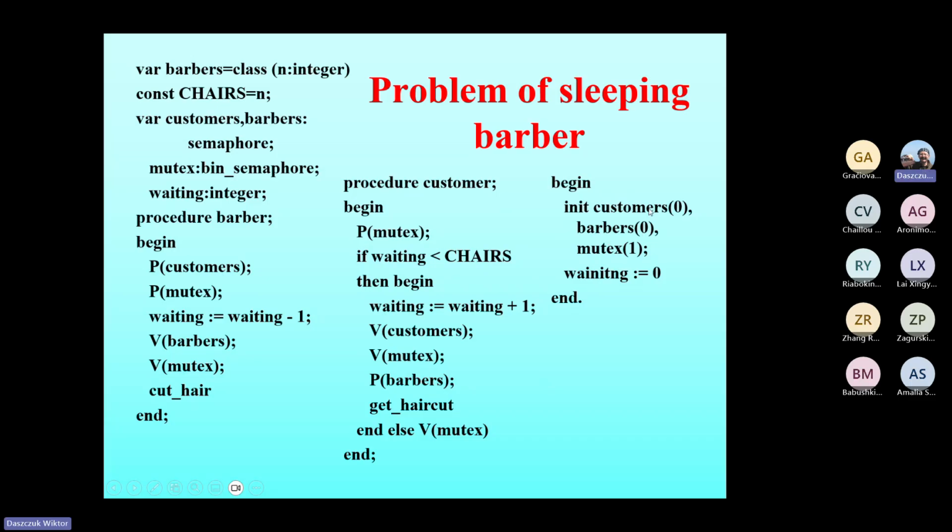So initially we have 0 customers and 0 barbers. Every customer that comes increments customers. Every barber that comes increments barbers. Mutex is 1, it's a typical mutex, and the waiting variable initially is 0.